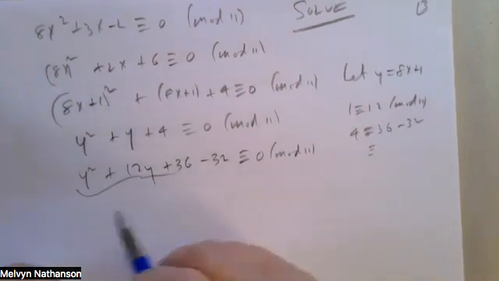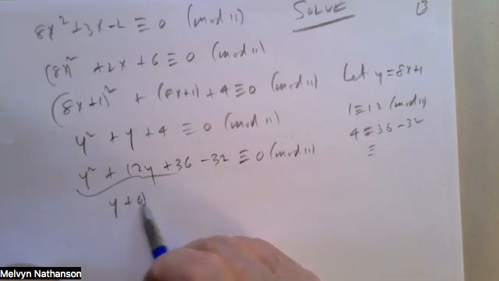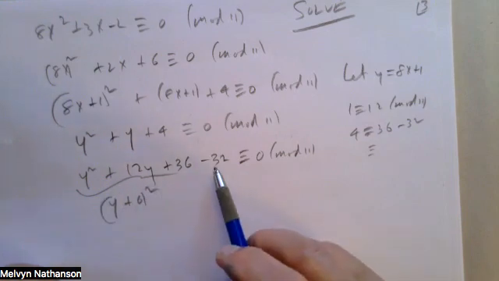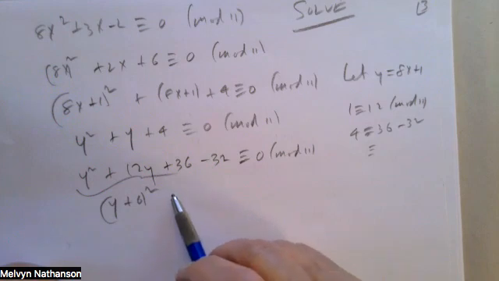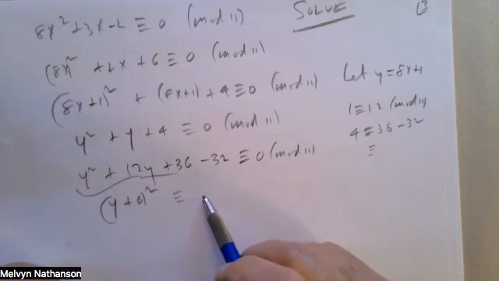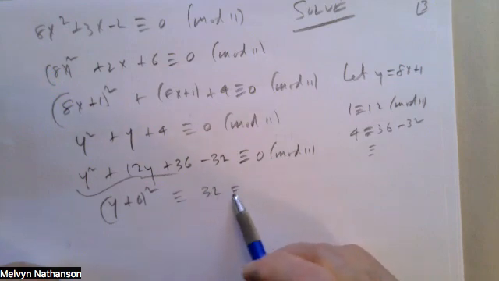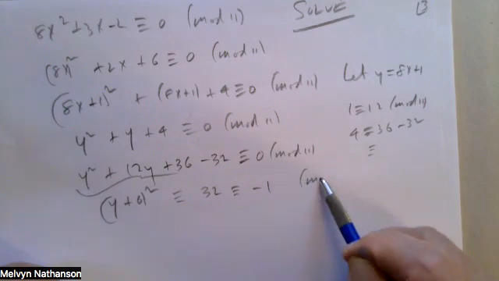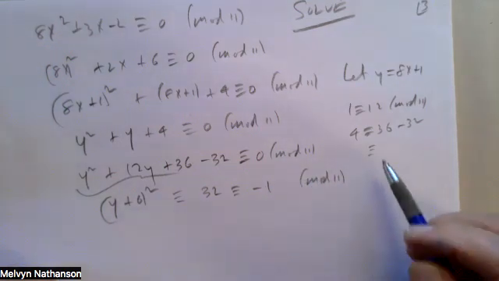But this now is a perfect square. This is y plus 6 squared minus 32 congruent to 0, which is the same as y plus 6 squared congruent to 32, which is 1 mod 11.